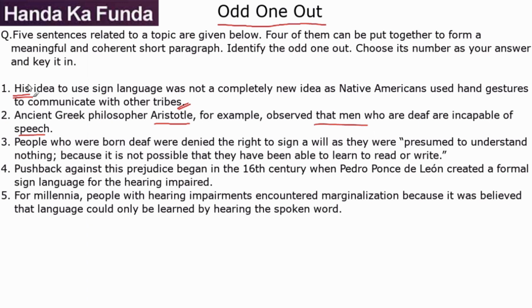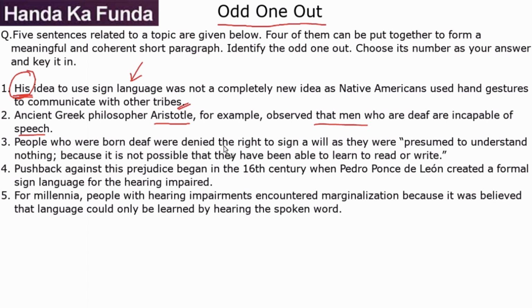So can this be Aristotle? No, that person cannot be Aristotle, because his idea was to use sign language, and Aristotle is not the one which is talking about sign language. So 2 and 1 are not related, but this person must have been introduced in the paragraph somewhere else.